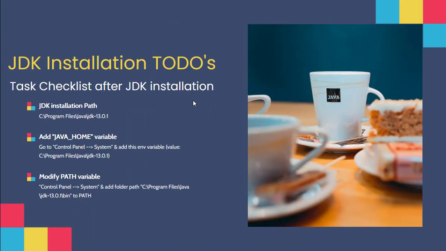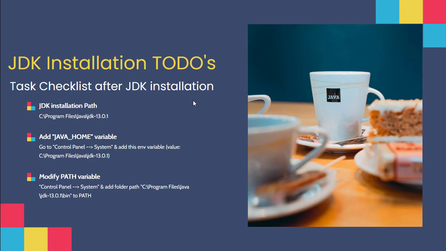So here we are in the summary of JDK installation to-dos, the task checklist. The JDK installation path for me is C:\Program Files\Java\JDK 13.0, and actually I have updated it to 15.0.1. Wherever you have chosen to install your Java JDK, you just copy the root folder of the JDK as your installation path.